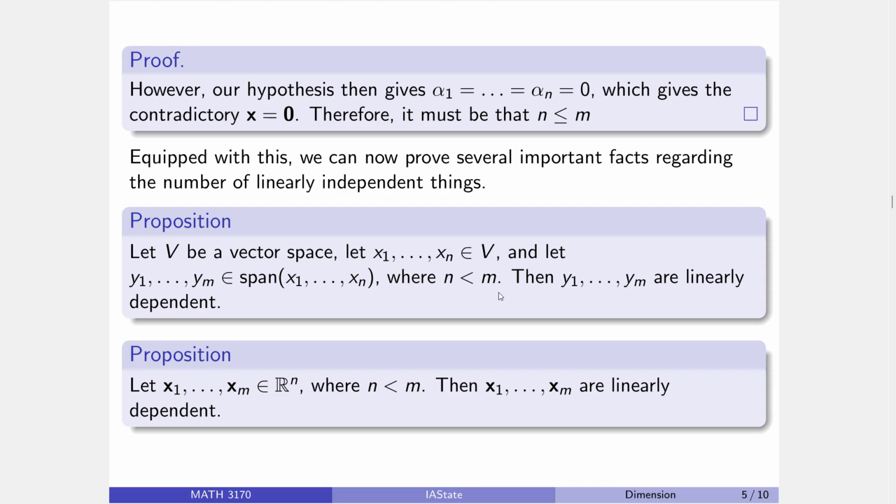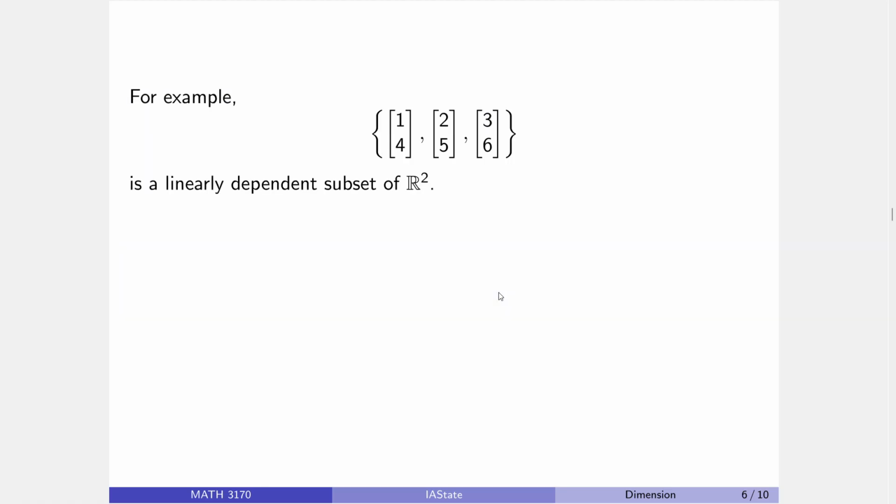So they have to automatically be linearly dependent. As a nice consequence, if we're in Rn, which we know is spanned by n things, and the number of elements in your list exceeds n, then you have a linearly dependent list. So, for example, here are 3 things that live in R2. R2 is spanned by 2 things, so we know that this must be a linearly dependent set, because if it was linearly independent, we'd violate the dimension theorem.